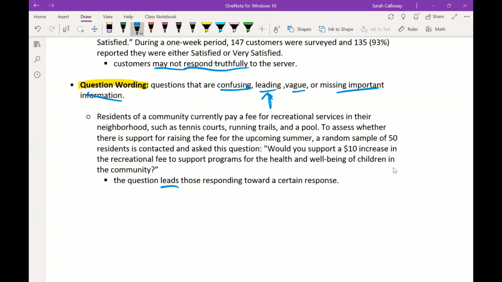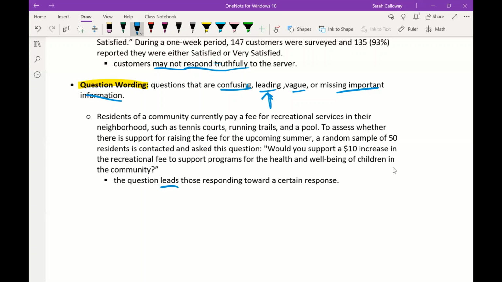So residents of a community pay a fee for recreational services in their neighborhood, such as tennis courts, running trails, and a pool. To assess whether there is support for raising the fee for the upcoming summer, a random sample of 50 residents is contacted and asked the question, would you support a $10 increase in the recreational fee to support programs for the health and well-being of children in the community?